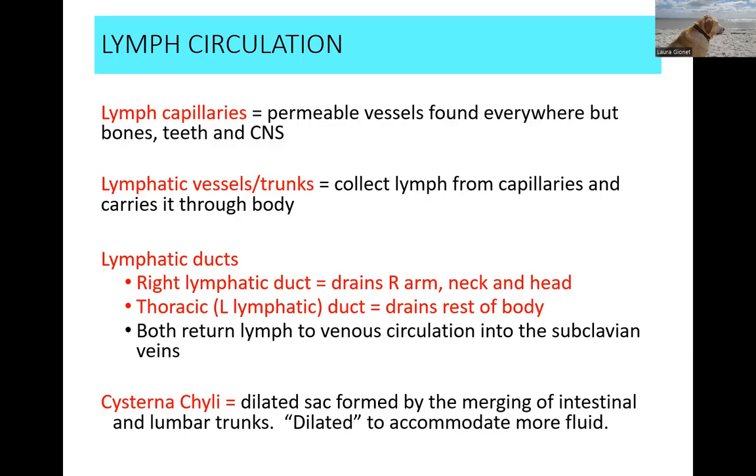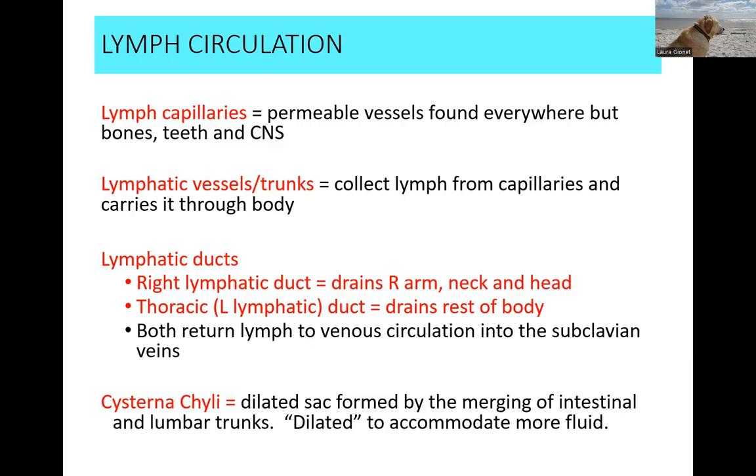So passing through the right lymphatic duct, which connects to the right subclavian vein, it will transport fluid from the right arm, the right side of the neck and the head, and to a certain point of the right chest.